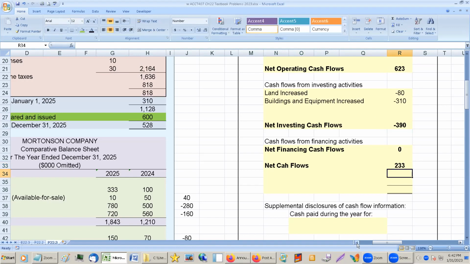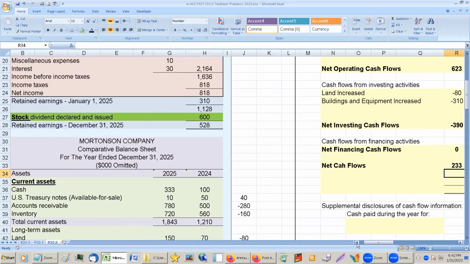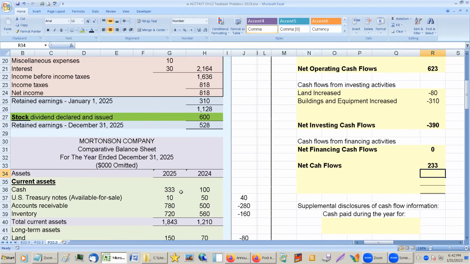And now we're going to look at our beginning cash. We need to get that on. We might still be able to get that on. Okay, so the beginning cash was 100.